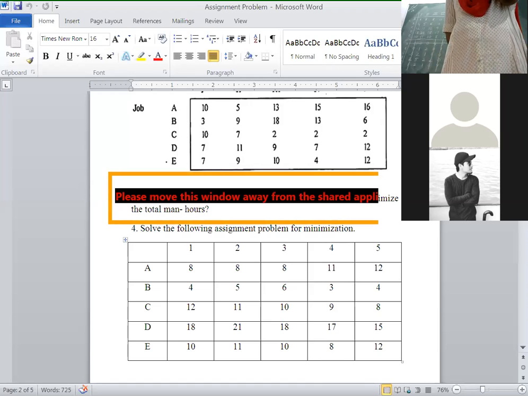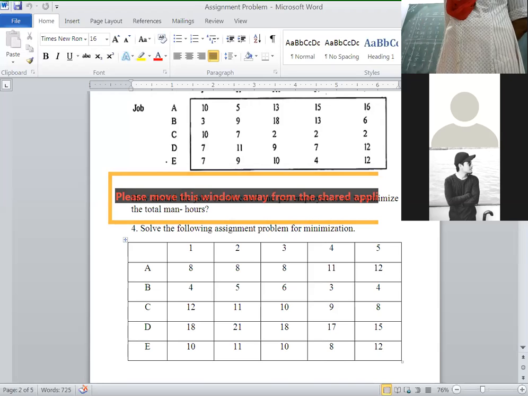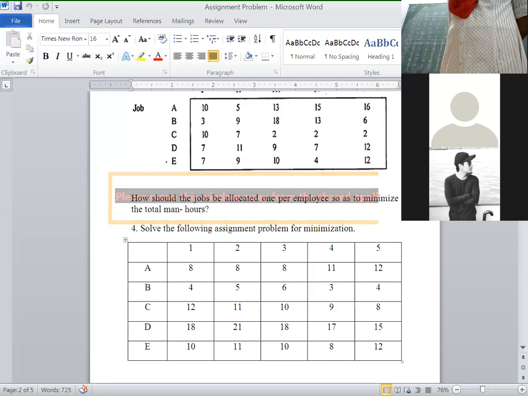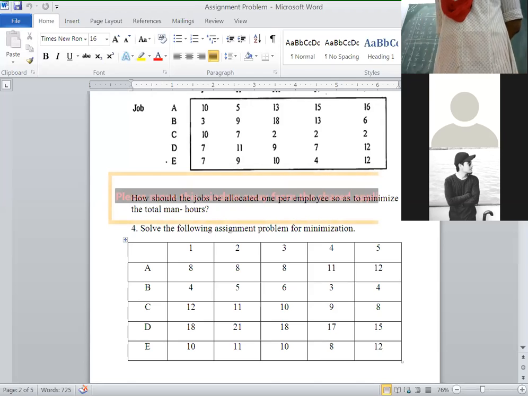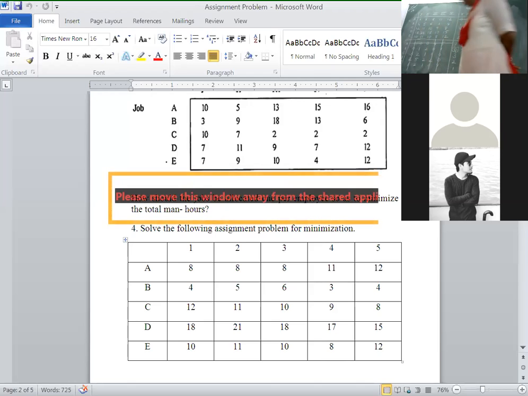Among all the uncovered elements, we have to find the minimum value, and that value we have to add at the intersection point and subtract from the uncovered elements, and then check for the assignment. Very good. Keep it up.